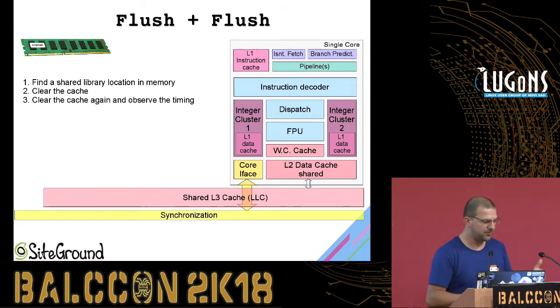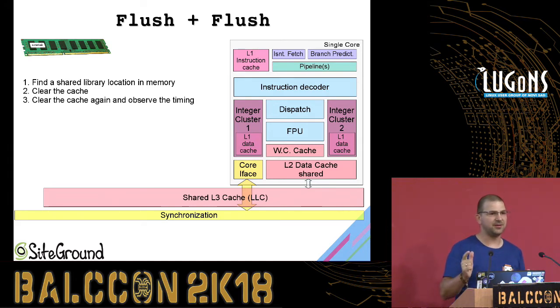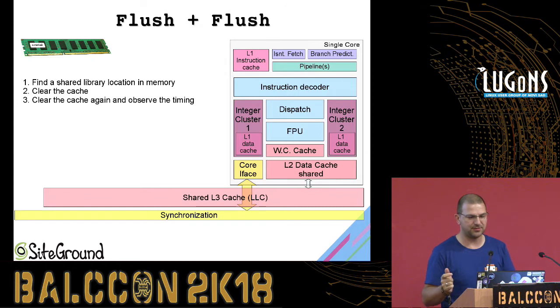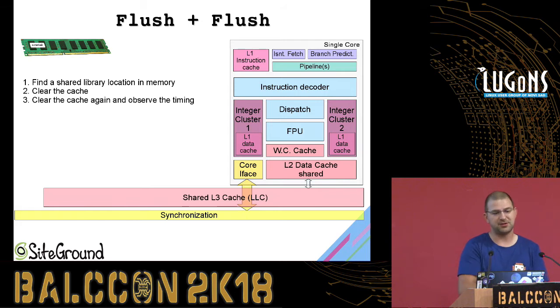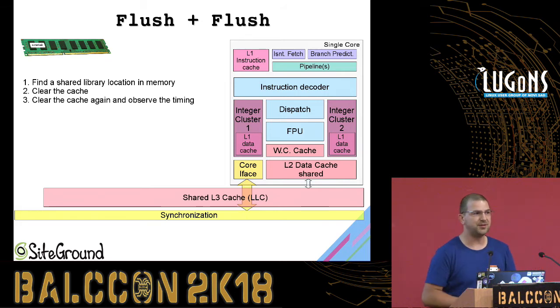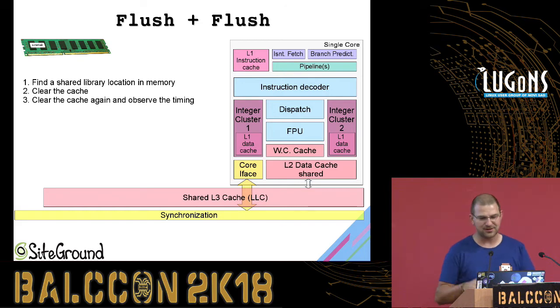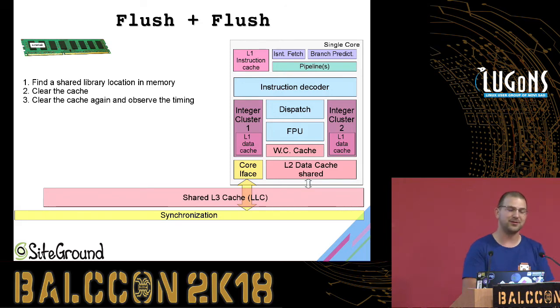You're only observing the time it takes for the CPU to execute the code in the first. Let me start again. With flush, you have the same shared library, you load it directly, but instead of checking the memory, if it is there, you're simply checking how much time it takes for the clear cache line flush command to execute.